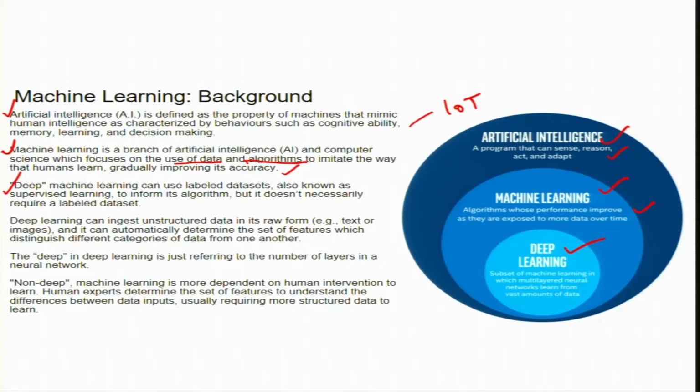Deep learning can use a labeled data set, also known as supervised learning, to inform its algorithm, but it does not necessarily require a labeled data set. Deep learning can ingest unstructured data in its raw form, and it automatically determines the set of features which distinguish different categories of data from one another, that is called classification.